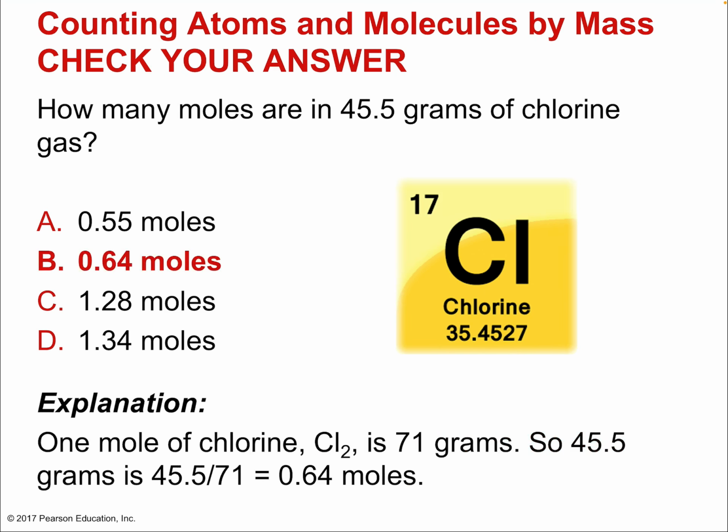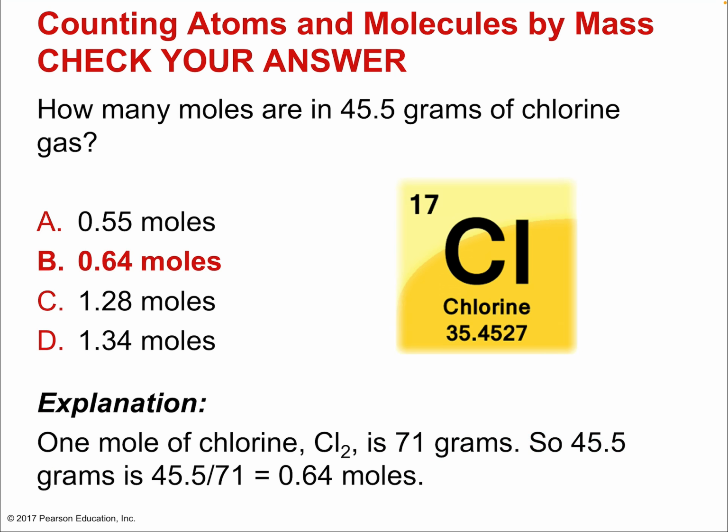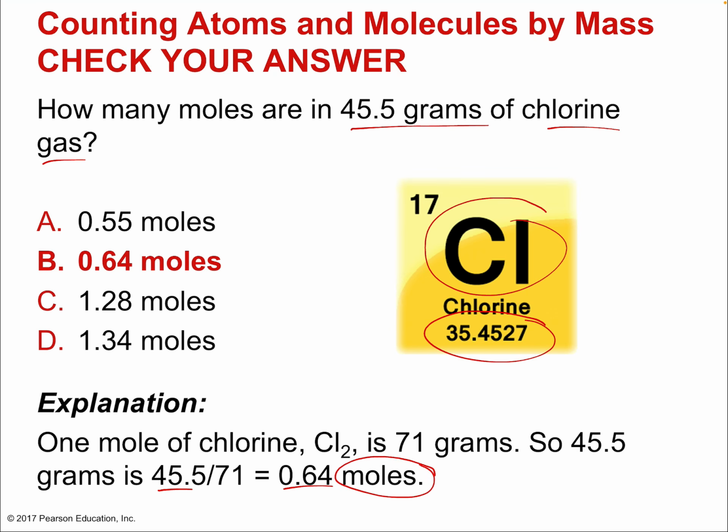It's closest to 0.64 because we would just take that 71, or 70, round to 71, and find out what fraction 45.5 is of 71, and it's 0.64, which is how many moles there are in that many grams of chlorine gas, a diatomic gas formed out of chlorine with this particular atomic mass. So that's how you piece together the information to answer a question like this.